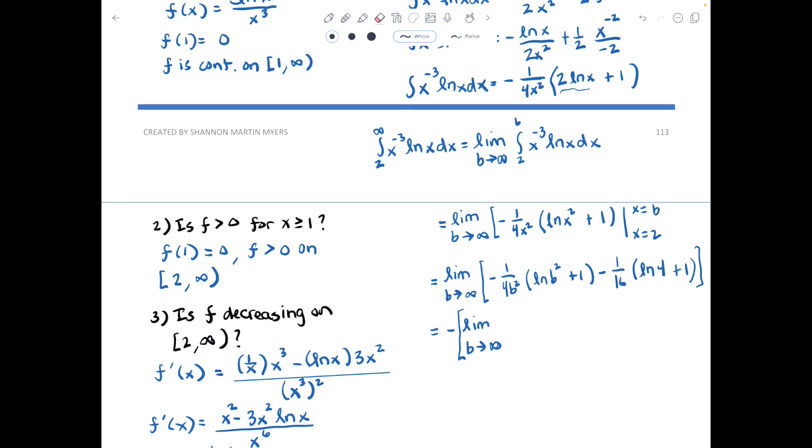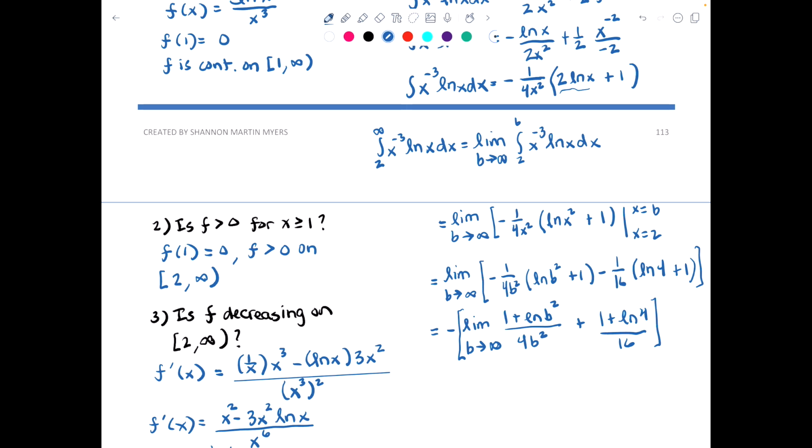So we'll have 1 plus natural log of b squared over 4b squared, with a plus sign in the middle because I factored out the negative, and then 1 plus natural log of 4 over 16. Good so far? The limit only goes to that first portion.